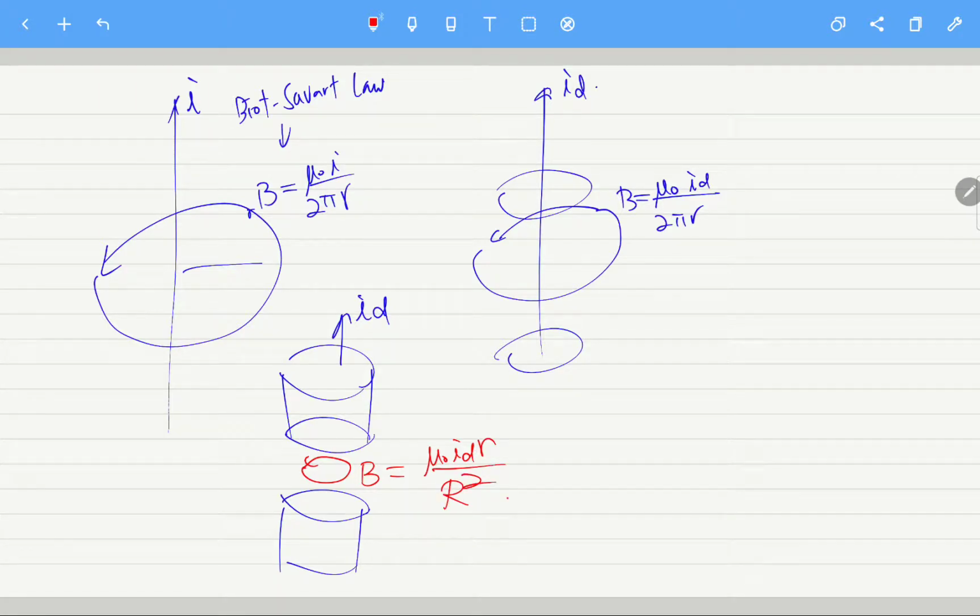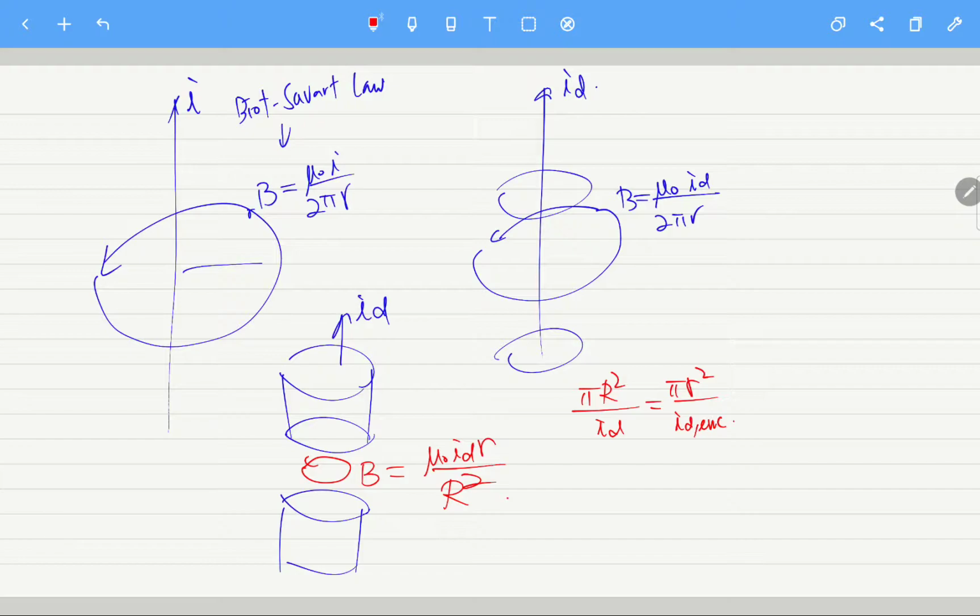You can still follow the previous steps. The whole cross section has I_D, so for the enclosed area, it is pi r squared over pi R squared of I_D, enclosed.